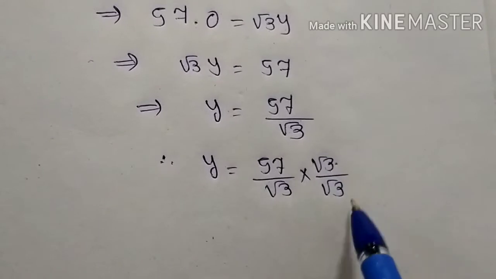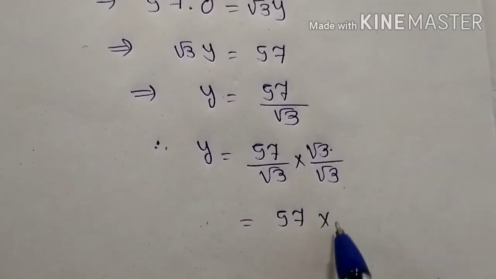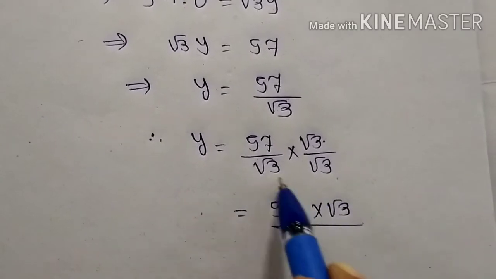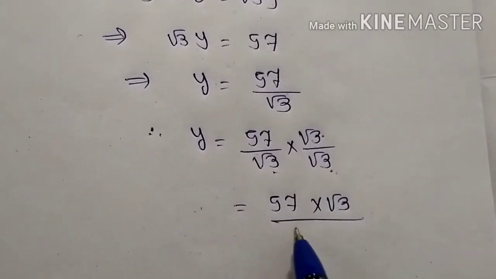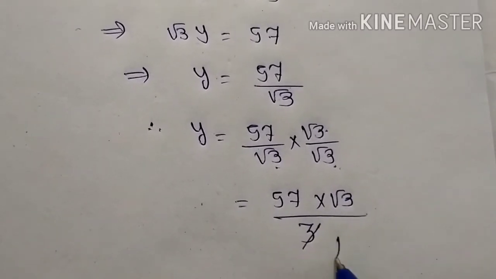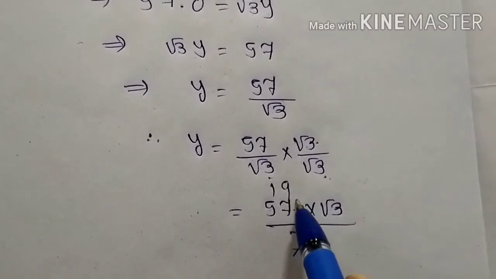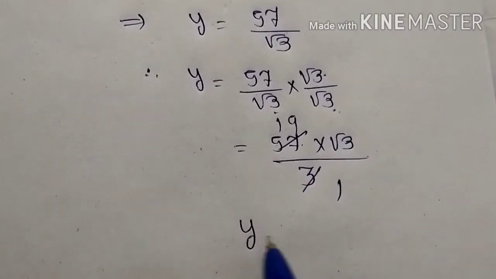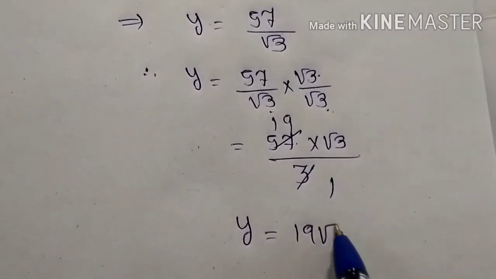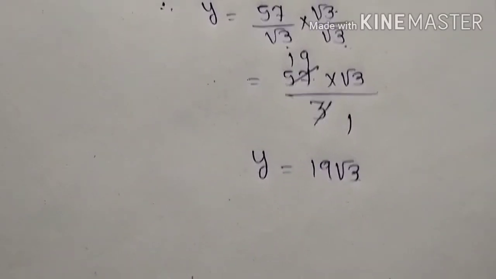You can multiply and divide with root 3. That means you are getting 57 into root 3 by root 3 into root 3, which is 3 only. If possible, you can simplify. 3 1s are 3, 3 9s are 27. That means y is equal to 19 root 3. 19 root 3 is the distance traveled.